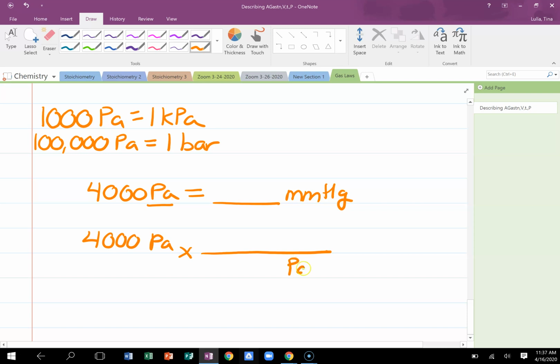Well, I know pascal has to go on the bottom. I could convert pascal to bar, but bar is not on my line of conversion. Ooh, I can convert pascal to kPa. Because if I say 1,000 pascals is 1 kPa, now I'm in my line of conversion where I know 101.3 kPa is 760 mmHg.